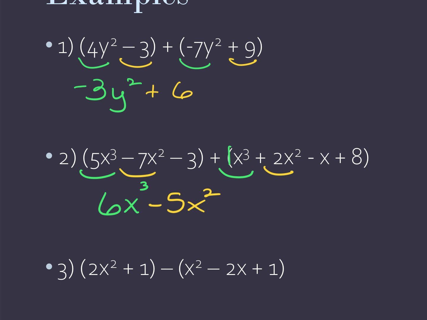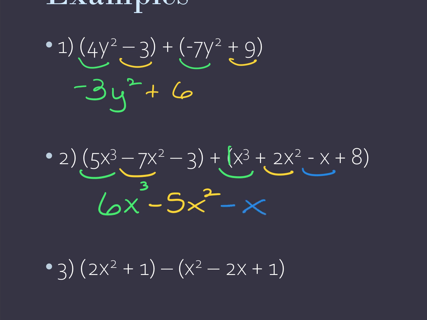Now, one thing that you're going to start to see is they're going to ask you to write your answer in standard form. And standard form is where you write the largest exponent down to the constant. So now instead of just taking that negative 3 and combining it with the 8, I'm going to go ahead and combine the x, which doesn't have anything to combine, and I'm going to write that term first.